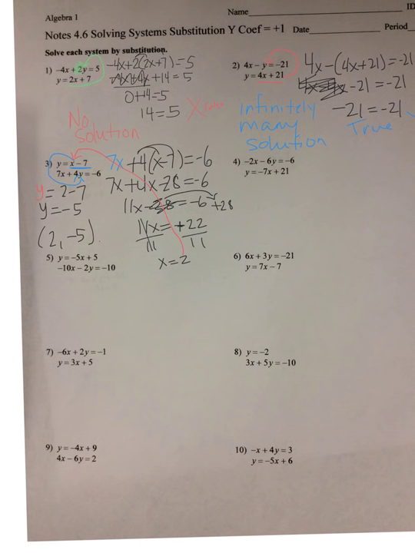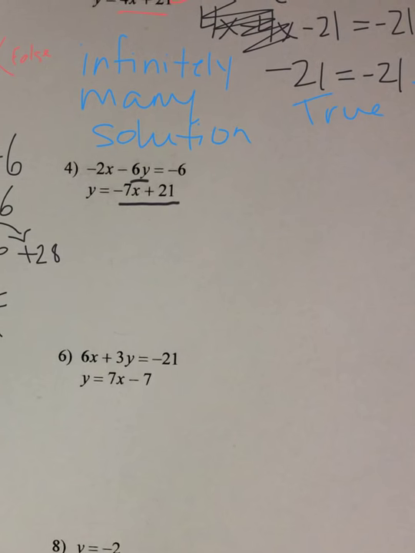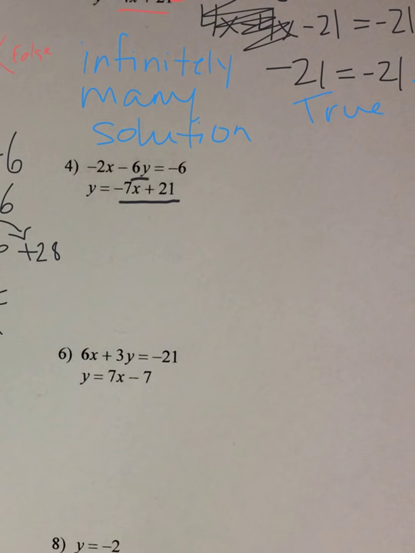So, let's see this one. This one I plug in right there in my y. Let me zoom in. It's going to be negative 2x minus 6 times negative 7x plus 21 equals negative 6.